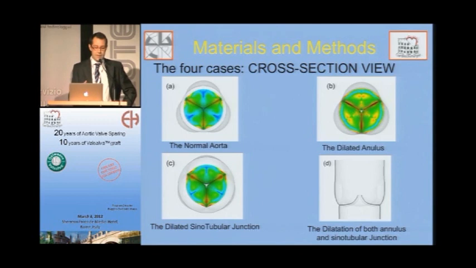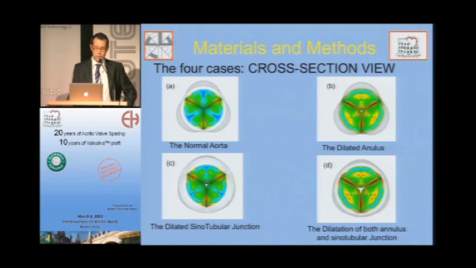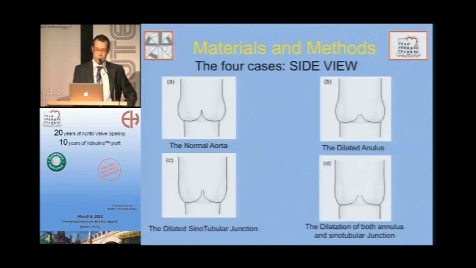When we go to a dilated sinotubular junction configuration, you see it resembles somehow the normal aorta. Yes, there is a bit more stress near the commissure, but not as much as we expected, actually. And finally, the dilatation of both annulus and sinotubular junction gives this result. Somehow, again, the worst of both worlds.